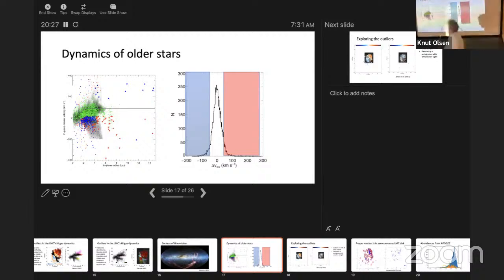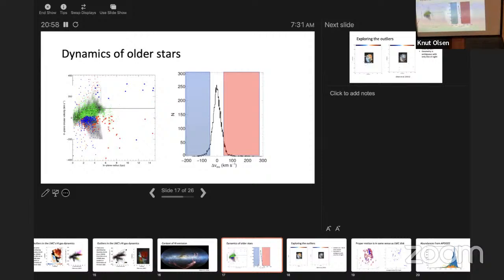You can see that in this older population, the bulk of the stars follow the same flat rotation curve as the young stars do, with a reduced amplitude due to asymmetric drift. But there are quite a few stars that fall on top of where we see the H1 arm signature.